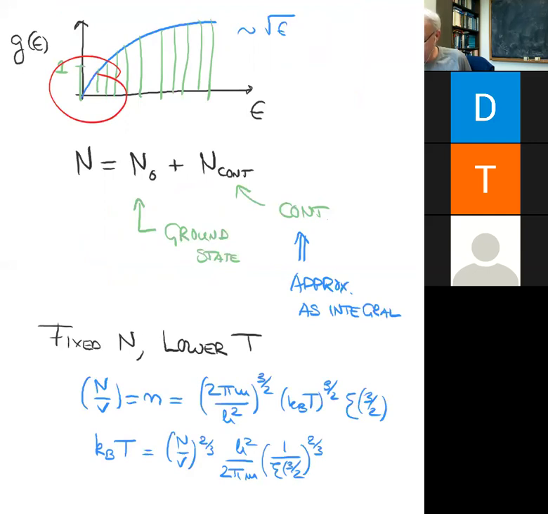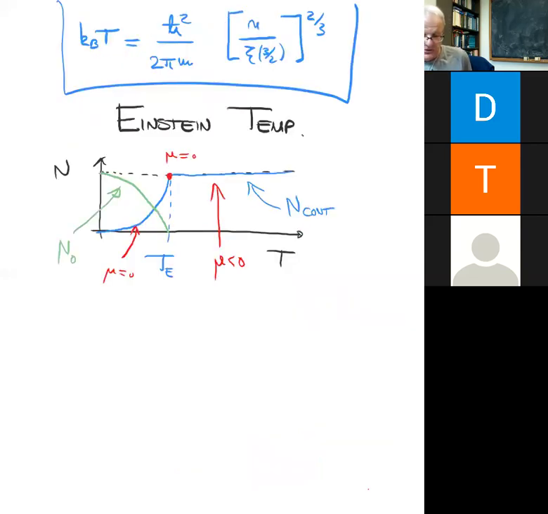So if you sit at zero chemical potential and continue to lower the temperature, the number of particles is dropping. And these remaining particles now all have to go into the ground state. So that's the picture behind Bose condensation. So you have this magic scenario where there is a finite number of particles, all of them in the ground state.